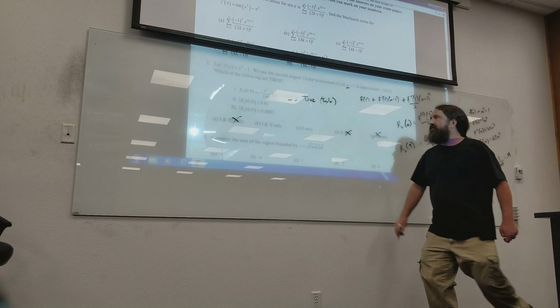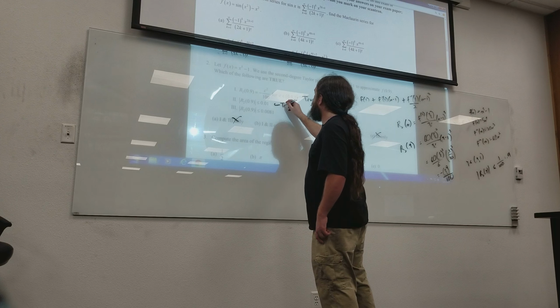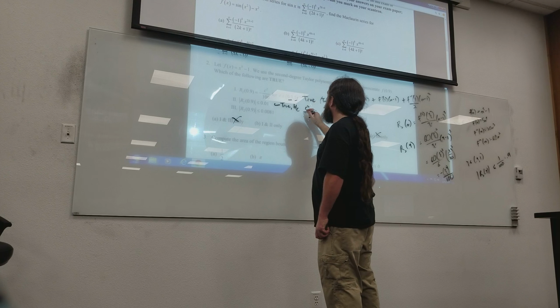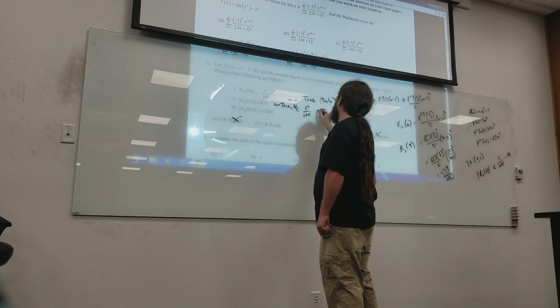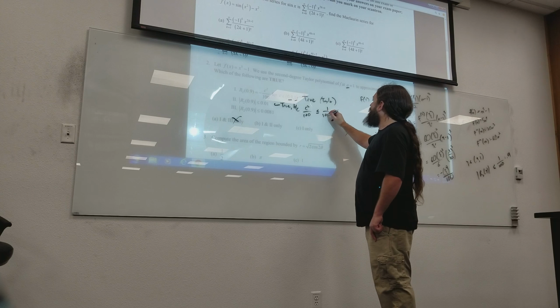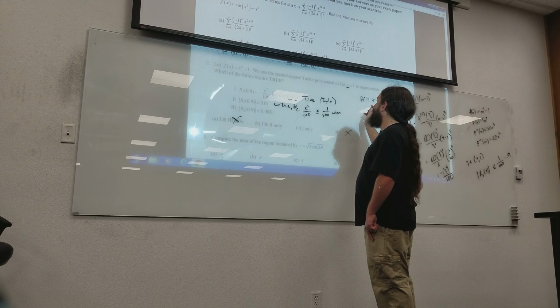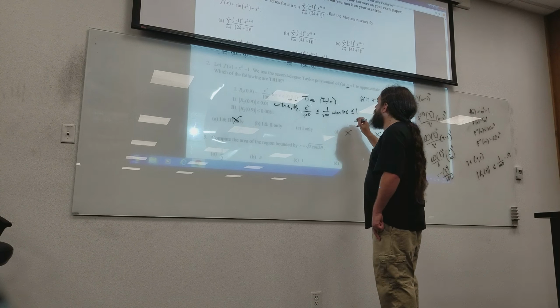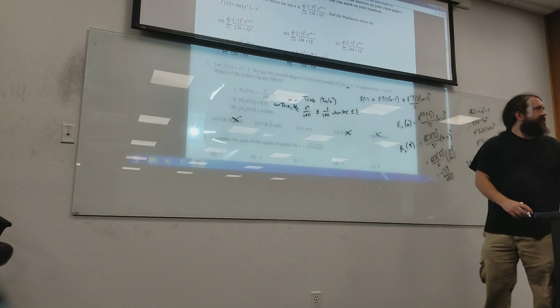So this is true because c squared over 100 is less than or equal to 1 over 100 when c is between 0.9 and 1. Does that make sense?